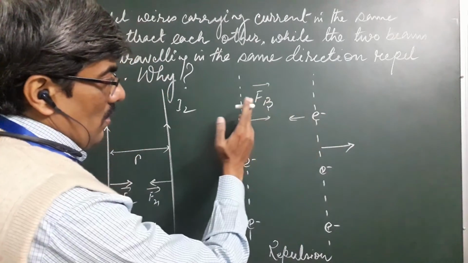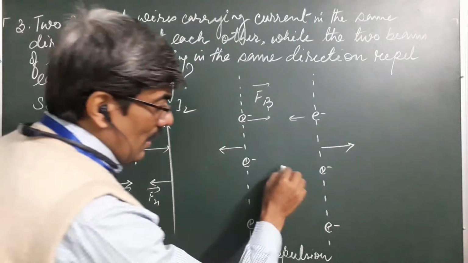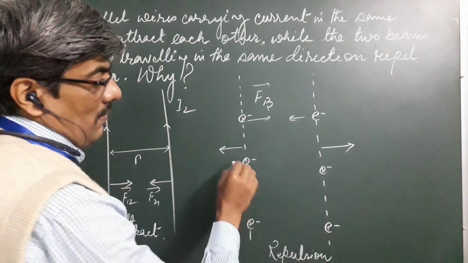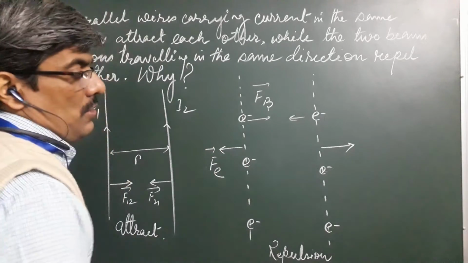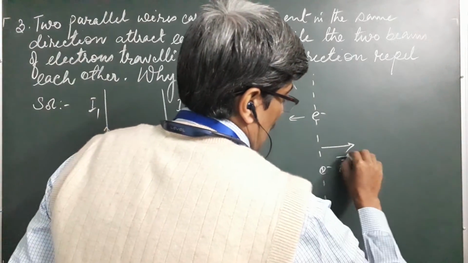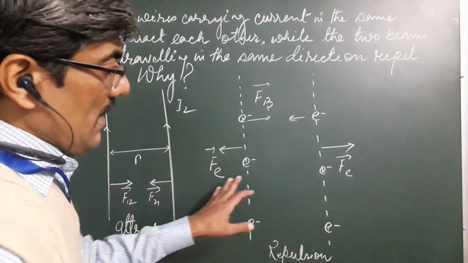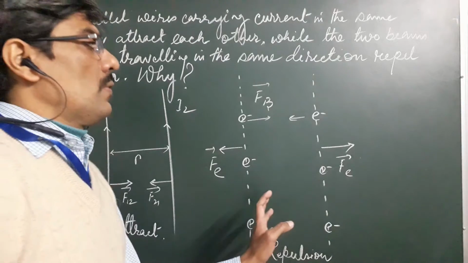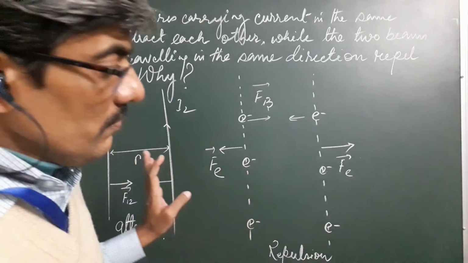That means they also retain their electrostatic character. And due to this electrostatic character, there is a force of repulsion, that is force of electrostatic nature. In fact, the electrostatic force is much stronger than the magnetic force.